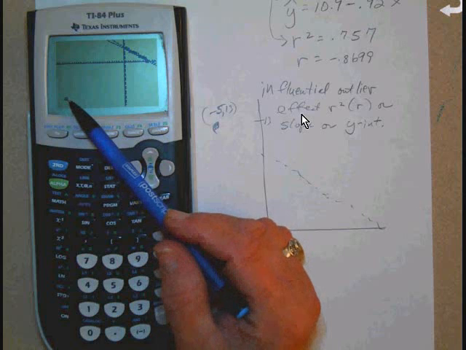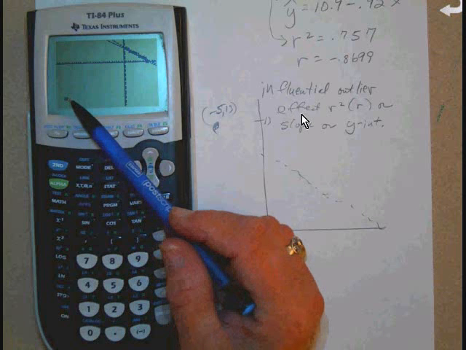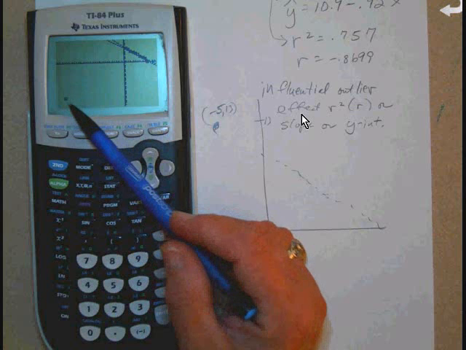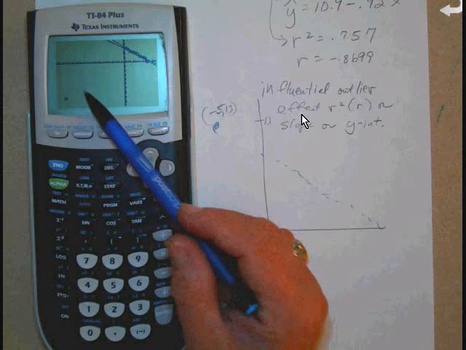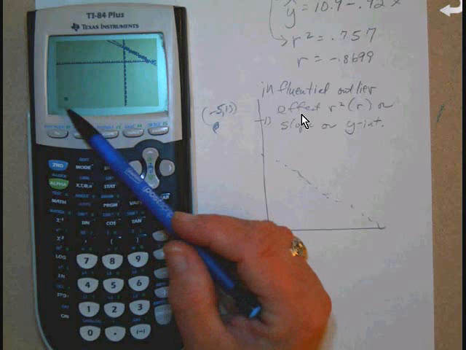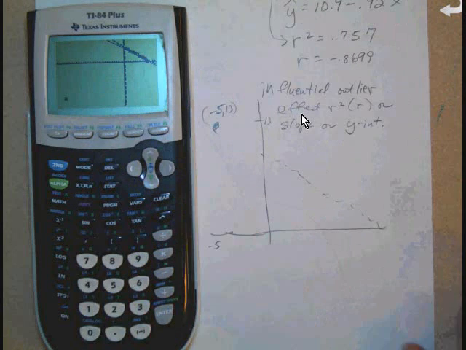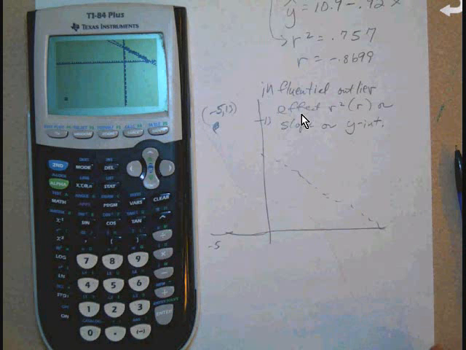What do you think that's going to do to your regression line? What changes do you think that's going to make? What do you think about the slope? It's going to change the slope to positive. Let's see what it does.